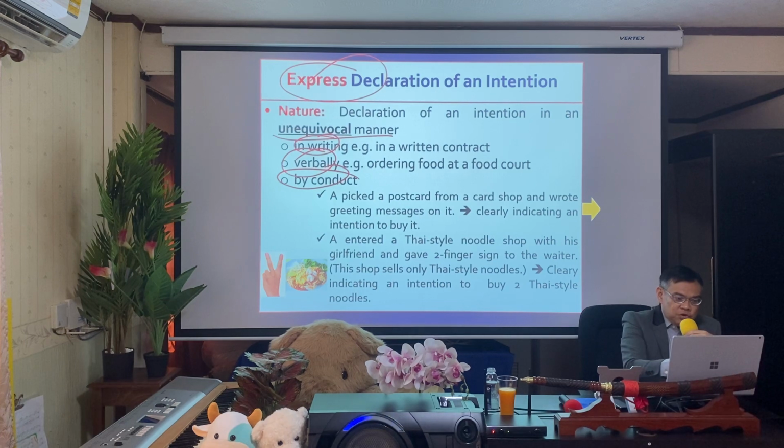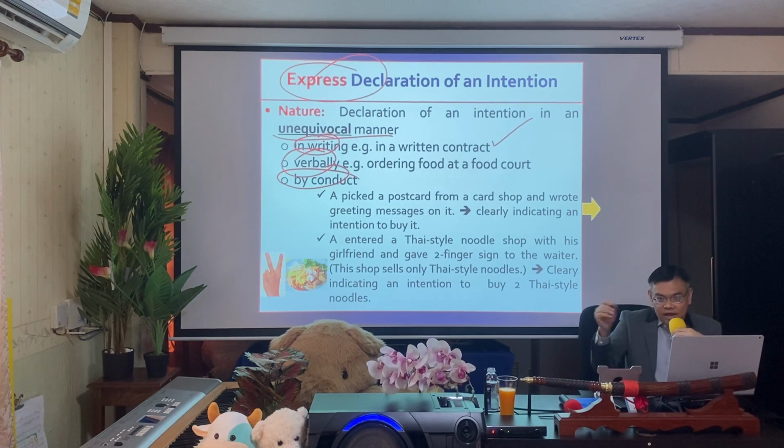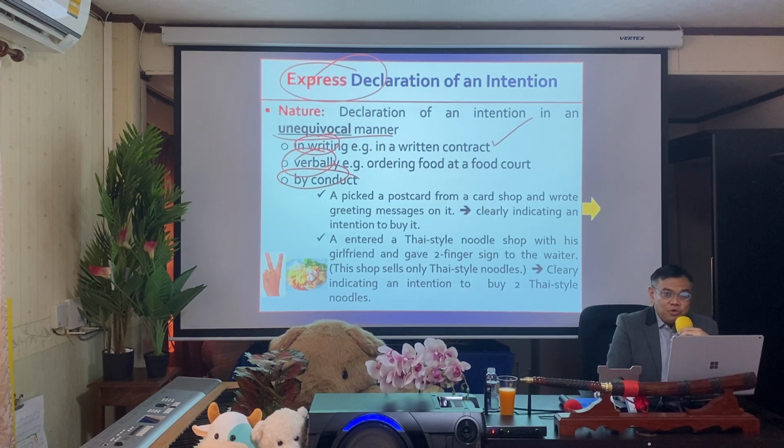When you do something in writing, this is very, very clear. Let's say that I'm going to buy a car from you. I write a letter to you making an offer to buy a car from you. In this case, I declare my intention expressly. Or I can just go to you and say, I would like to buy this car from you. When I do so verbally, that is also a declaration of intention.